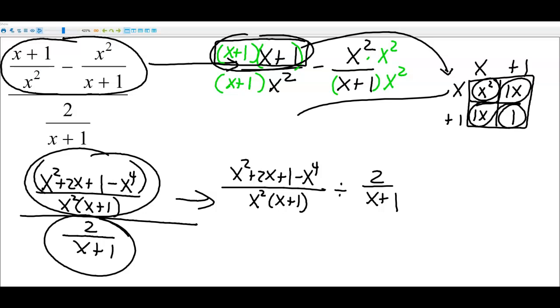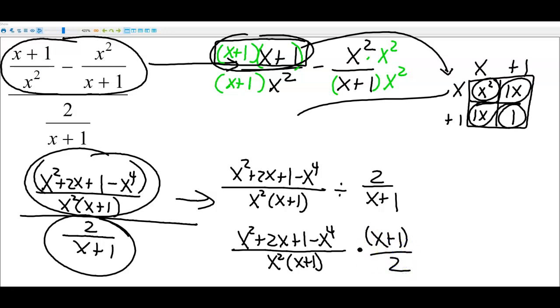And then we do keep, change, flip, right?